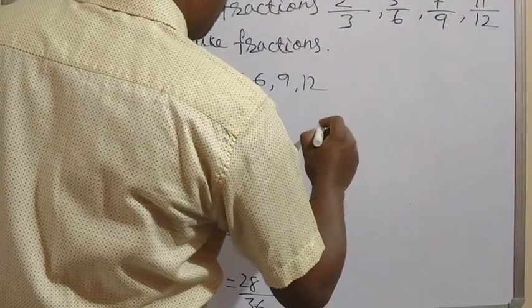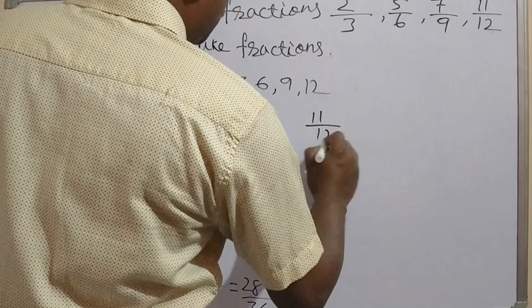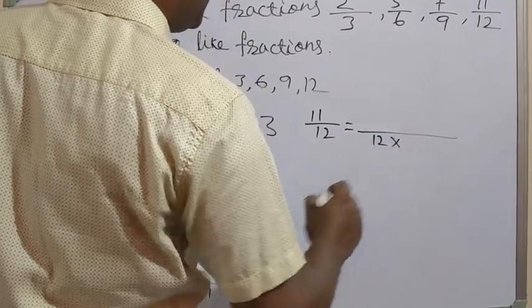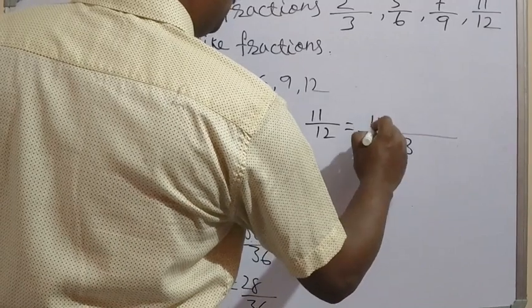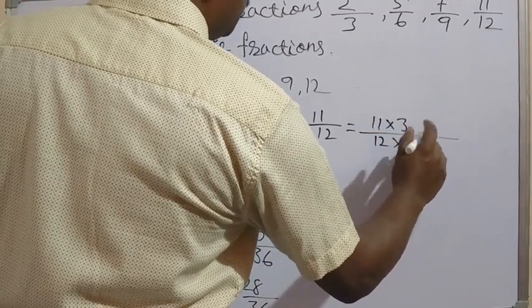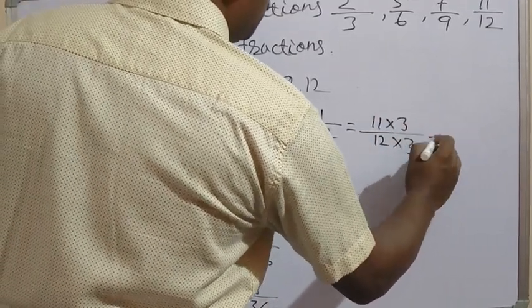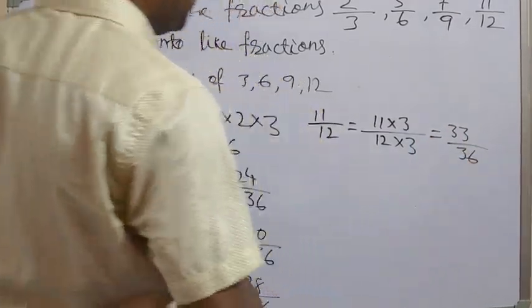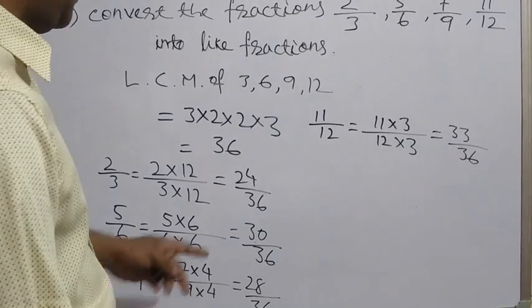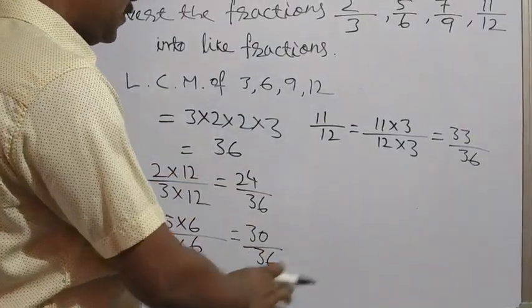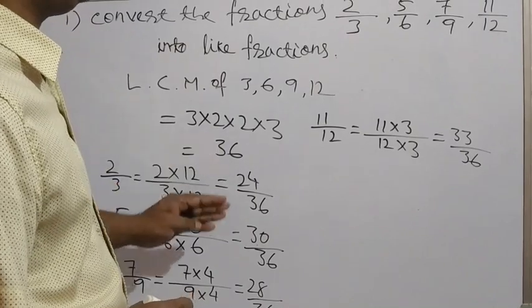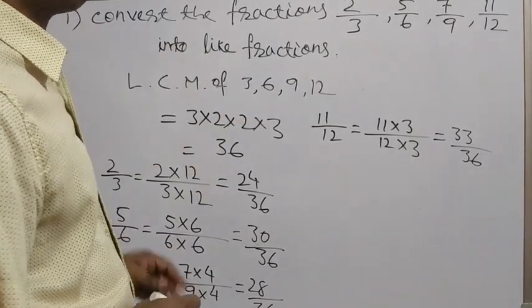What will we multiply to get 36? 3. Here the numerator also will be multiplied by 3, so it becomes 33 by 36. All the denominators you see are the same, 36 everywhere. So all the four fractions are now changed into like fractions. So this is the answer.